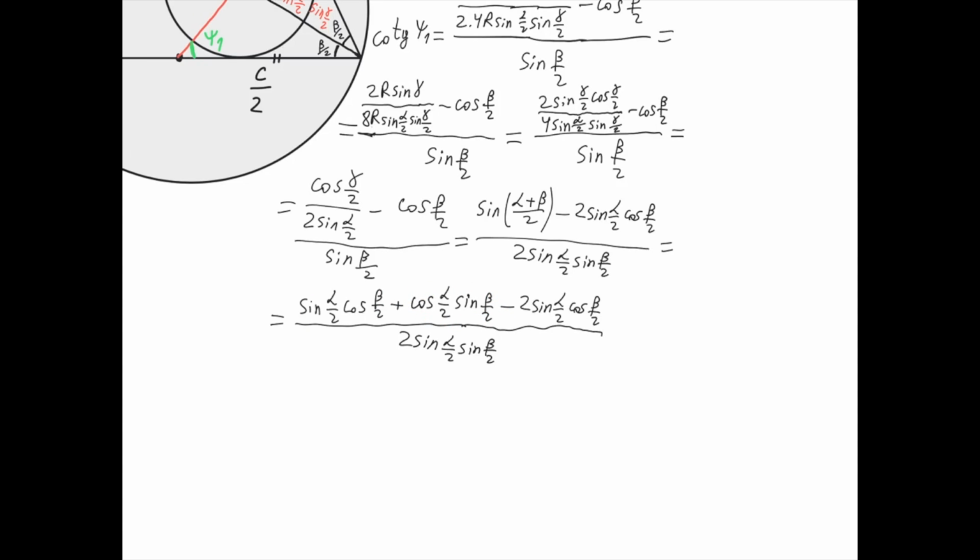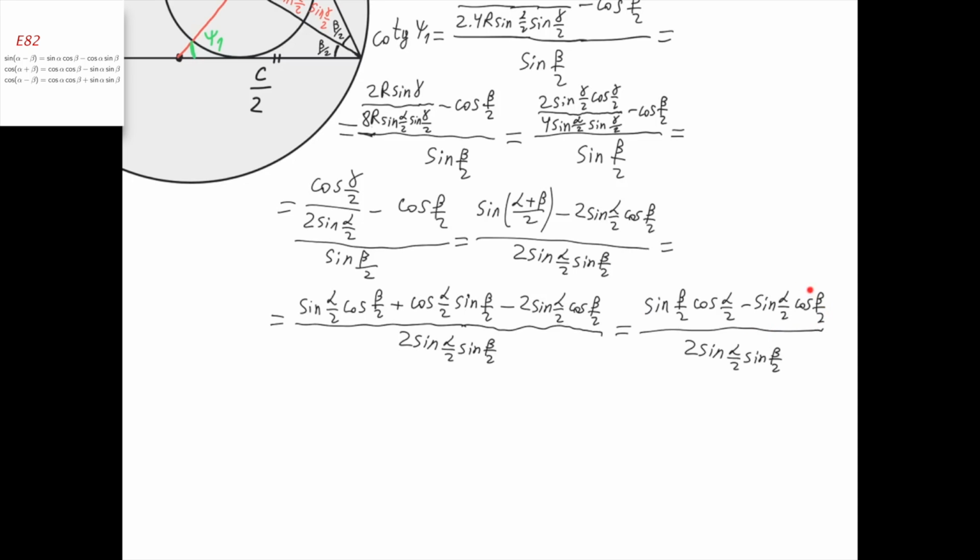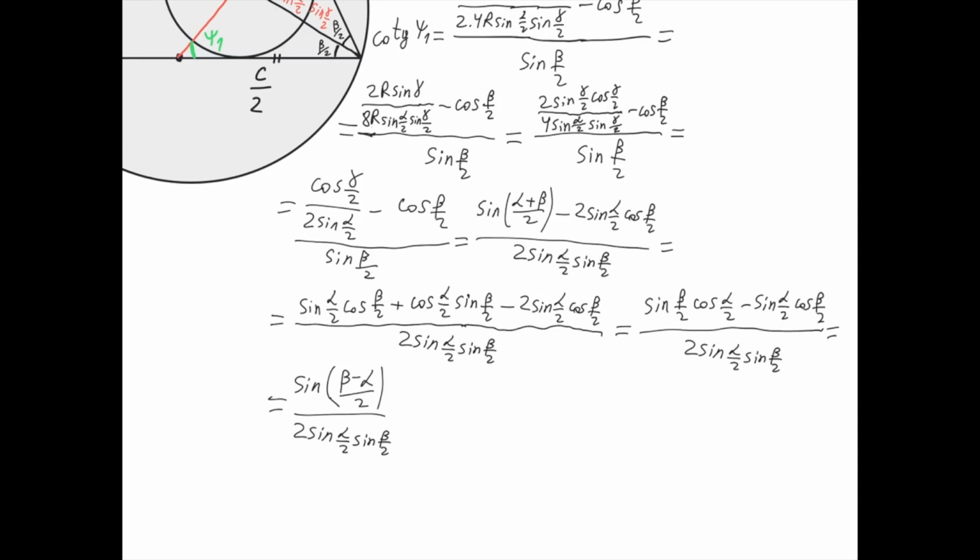And now we can cancel out one of the terms here, sine alpha over 2 cosine beta over 2, with this term, and then we get this expression here. But this numerator is actually a formula. A formula, sine times cosine minus sine times cosine. This is sine of beta over 2 minus alpha over 2. So in conclusion, cotangent of psi 1 equals sine of beta minus alpha over 2 divided by 2 times sine alpha over 2 sine beta over 2.